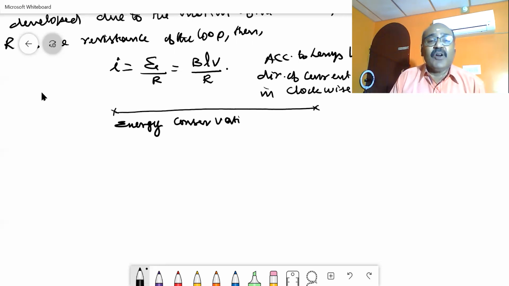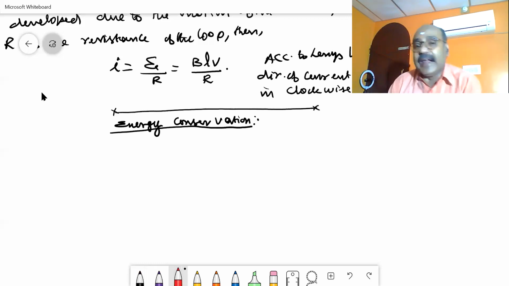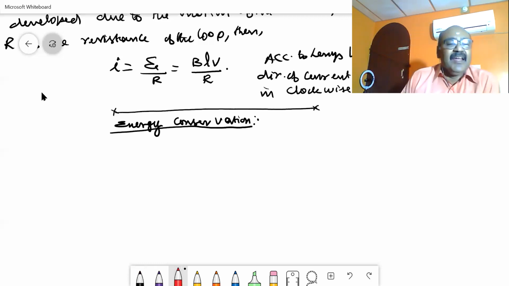Before going with this energy conservation, I am explaining how we can define it. I have a uniform magnetic field acting perpendicular to the plane of the paper and inwards, represented by crosses.